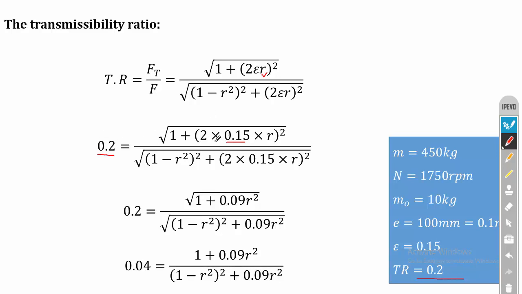So first I have solved 2 into 0.15 into R the whole square, which is 0.09 R square. Then to remove the root I have squared the 0.2. So you will get 0.04 equal to (1 plus 0.09 R square) divided by ((1 minus R square) the whole square plus 0.09 R square).